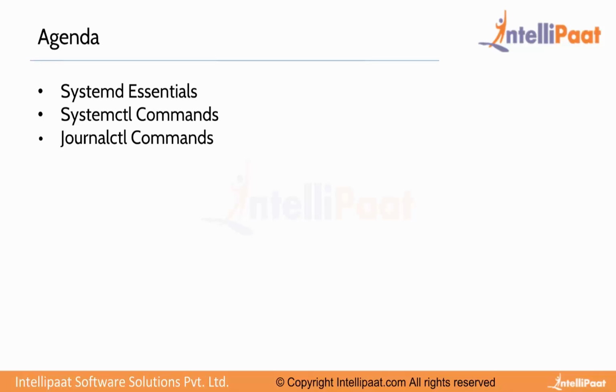So today's agenda in the beginning would be understanding systemd essentials, and then we will move on to understand the systemctl commands for starting, stopping, and managing services. And then we will move on and understand another very useful command in the systemd perspective, that is called the journalctl. So these three are the points for today's agenda.